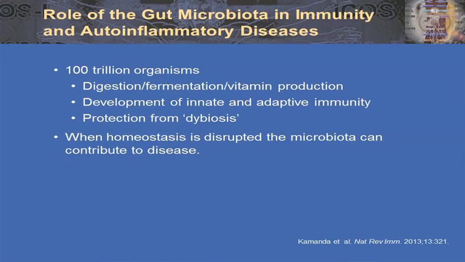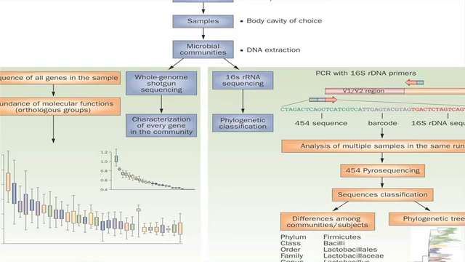So yes, we have 100 trillion organisms in our body, 100 to 1 of them of microbial origin. These microbes digest our food. They are involved in the development of innate and adaptive immunity, and they are vital to immunologic homeostasis, vital. These are the two advances that summarize why we talk about this.